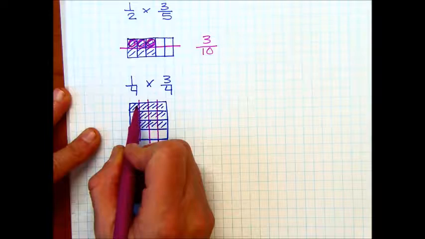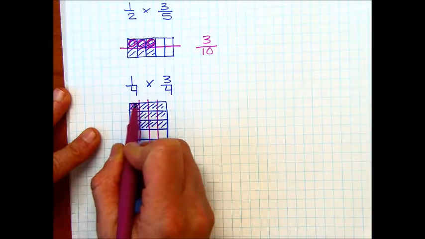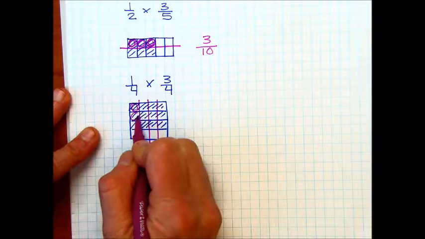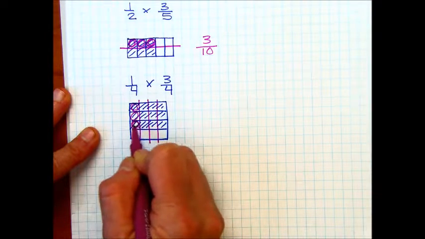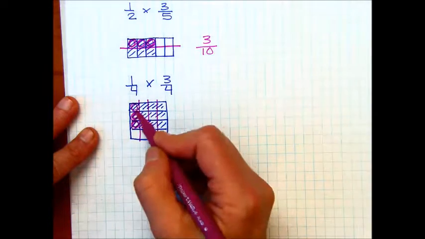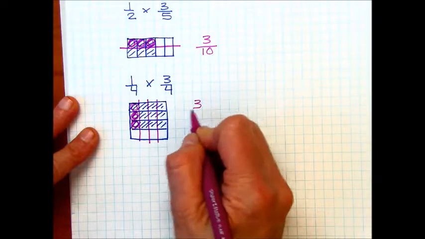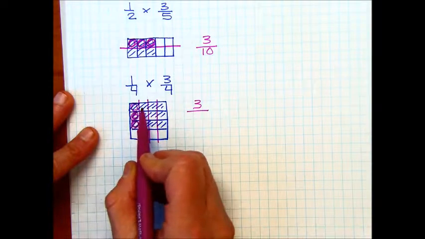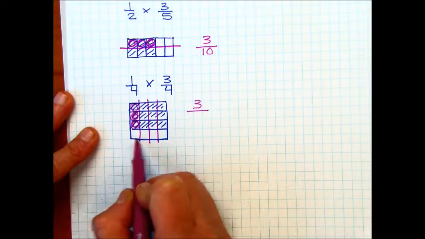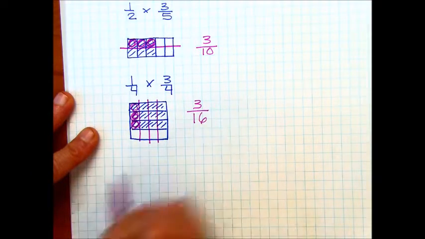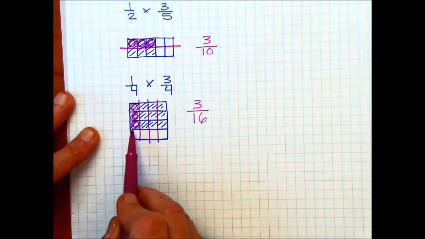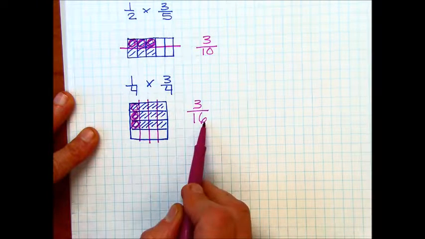So anything to the left of this line, I'm going to shade my previously shaded parts. Now I have 3, but how many squares do I have? It looks like I have 4, 8, 12, 16. So now 1/4 of 3/4 is going to give us 3/16.